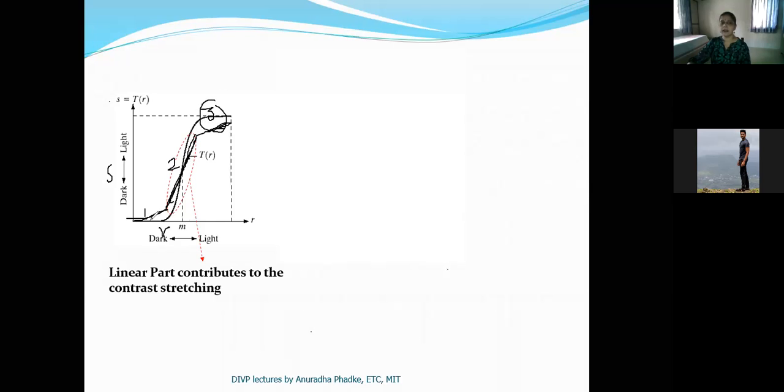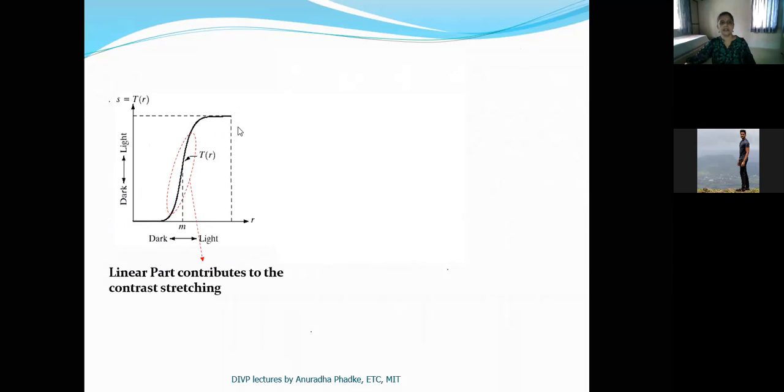Simply by using these equations of line, for a given value of R, we can determine the new value of S. So this piecewise linear segmentation makes your practical implementation easy. That's why we use this piecewise linear approximation.